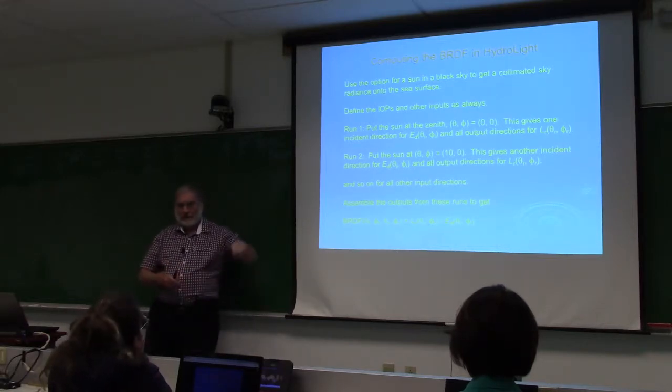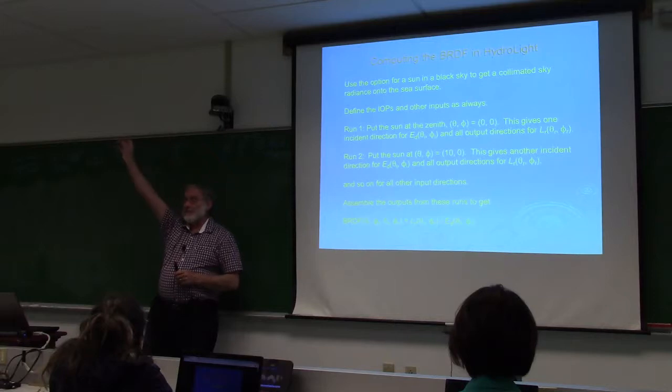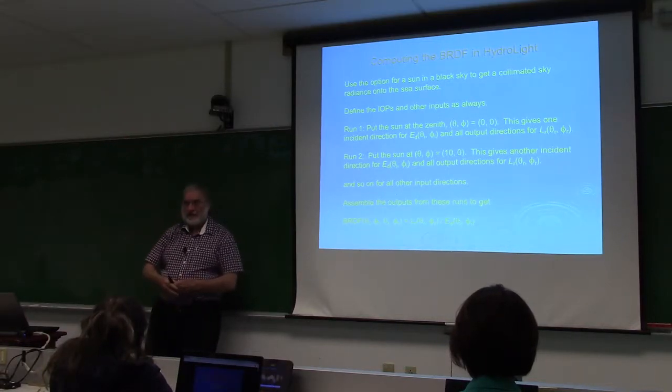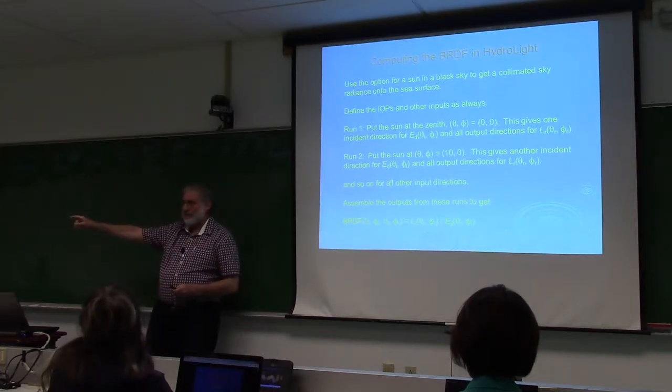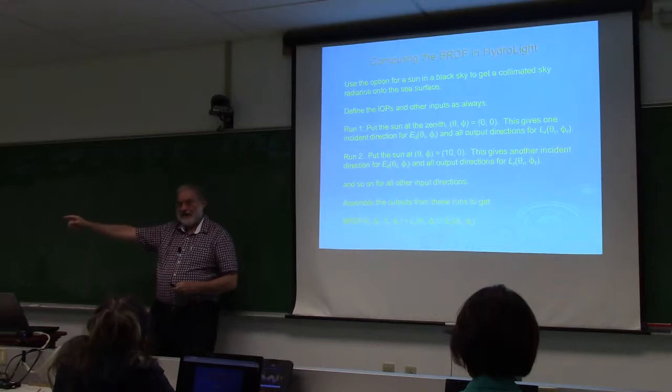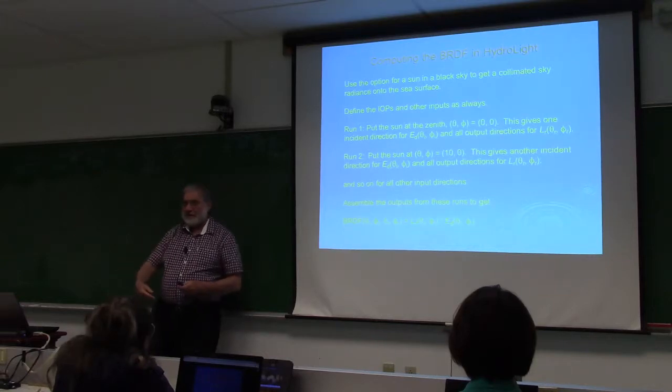And you record that information, then move the sun over to 10 degrees, still in the black sky, do the Hydrolight simulation, look where all that light goes, and on down to where you put the sun right next to the equator at say 85 degrees, that gives you a collimated incident irradiance.